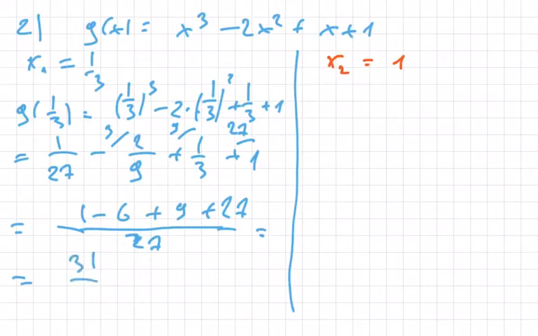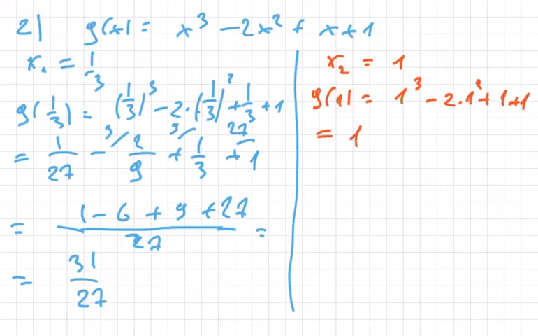You have 31 over 27. For g of 1, we get 1 cubed minus 2 multiplied by 1 squared plus 1 and plus 1 again. Here we have 1 minus 2 plus 1 plus 1 is equal to 1.